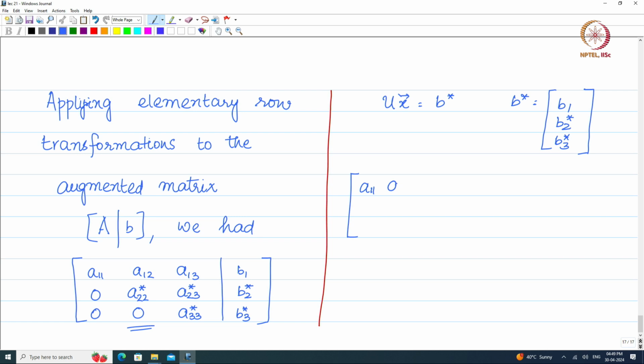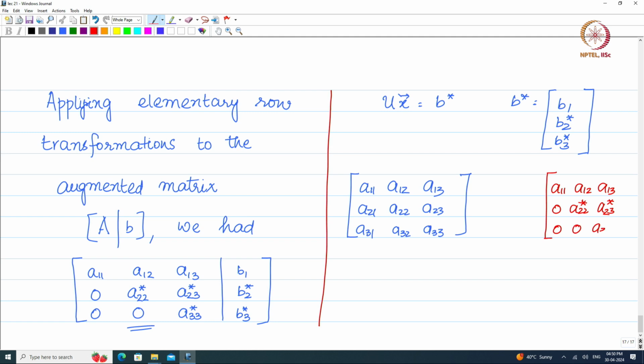We had A11, A12, A13, A21, A22, A23, A31, A32, A33, and we have this matrix U on the other hand, which was basically A11, A12, A13, and 0, A22 star, which is after the series of operations that you do, A23 star, then 0, 0, A33 star.